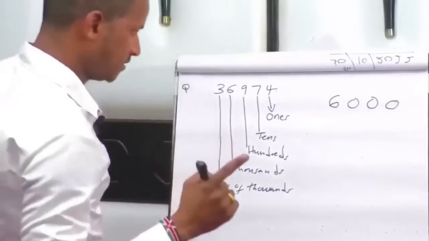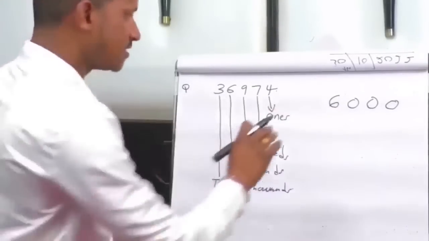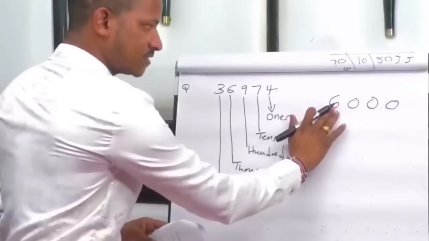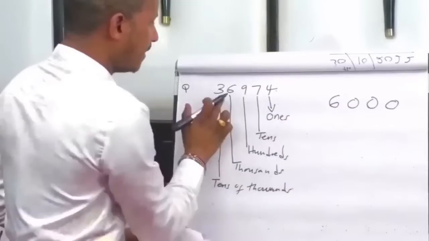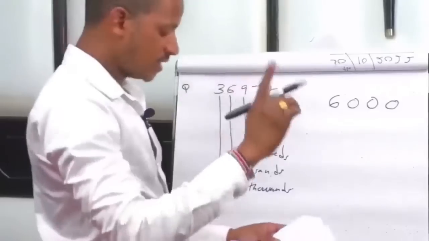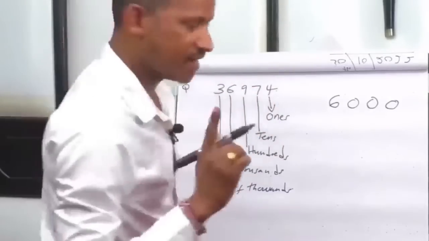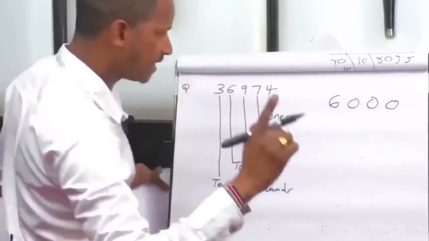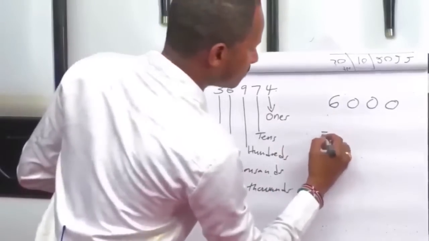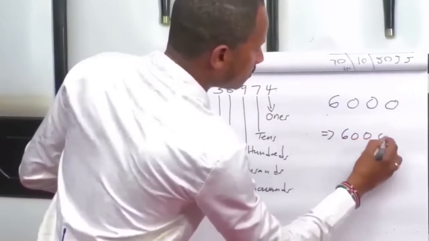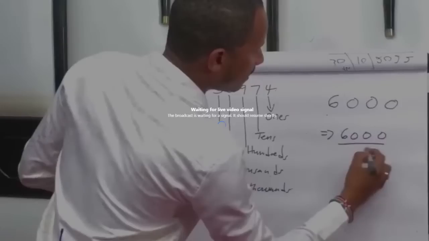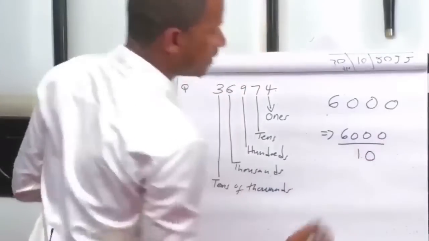Then the question says, don't stop there, because this is just the value of 6 in 36,974. The question wants, how many groups of 10? You simply divide 6,000 by 10.